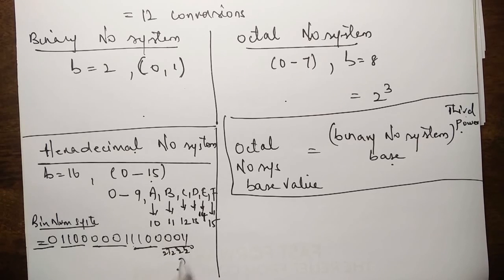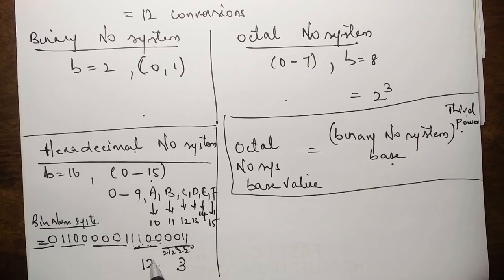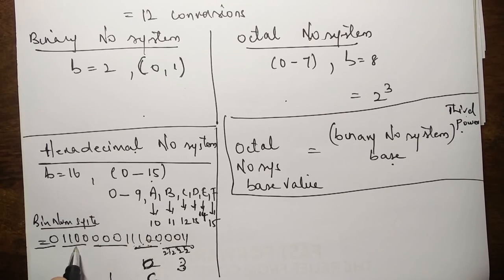So we can write this in the form of hexadecimal. 1100 is 12, not 13. 12 is C. So don't write 12, write C. C3. Now this is again 12, that is C. Again you have 0 here. So 0, C1, C3.